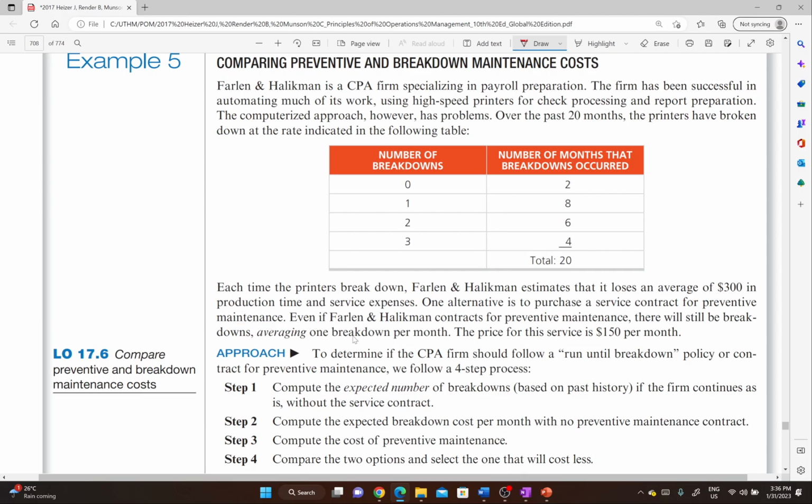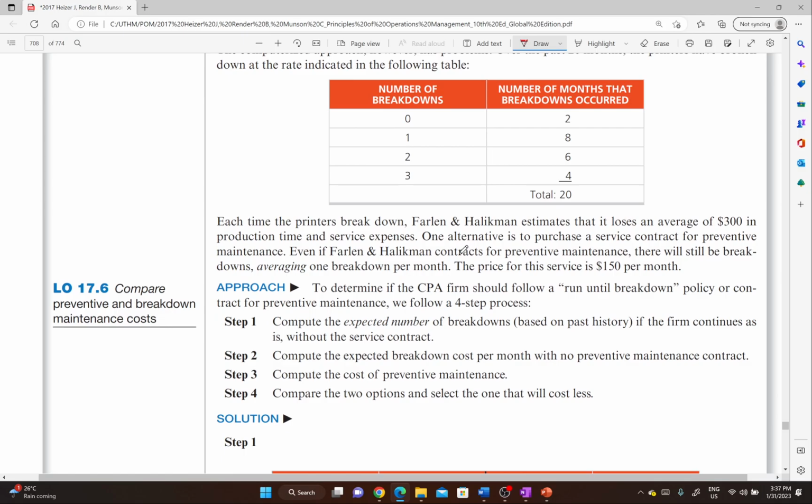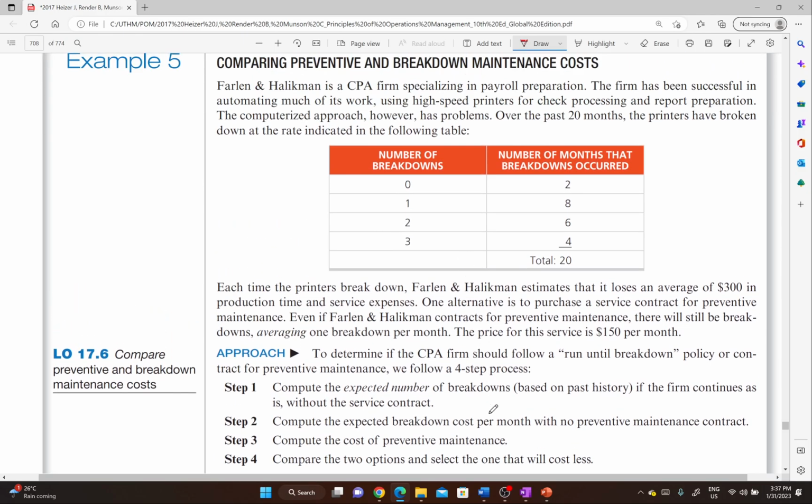If they purchase a service contract, breakdowns will still happen, but reduced by one breakdown per month. The price of the service for the maintenance is 150. I suppose they're asking us whether we should proceed with the preventive maintenance contract or not.